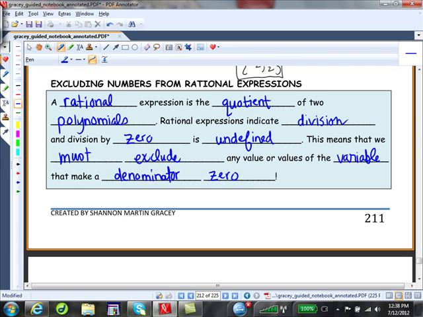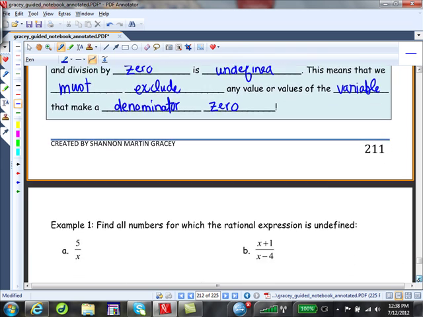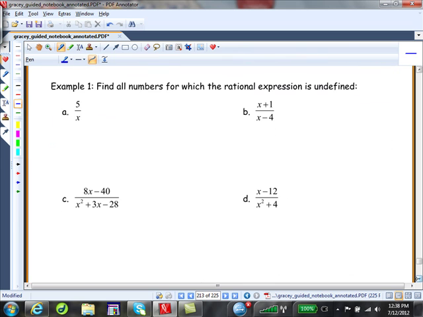Okay, so here we go. Let's look at some examples. And we're going to be using our problem-solving skills. And what you need to understand is what reason we are doing this for. All right, so for example, 5 divided by x.